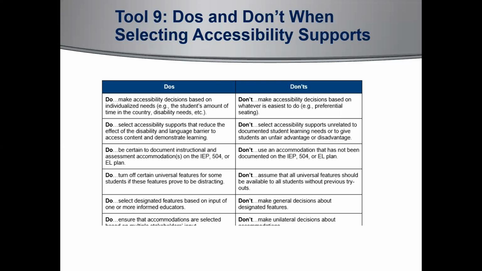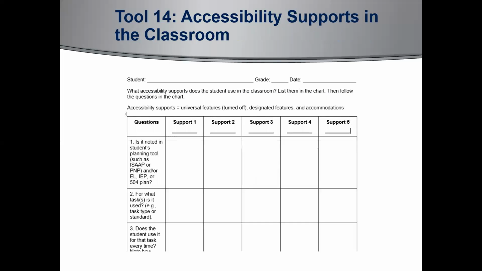Tool 9 is the do's and don'ts when selecting accessibility supports. Tool 14 goes over the accessibility supports used in the classroom and determining how they are used for assessments.